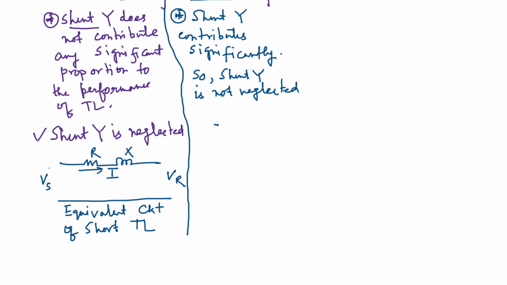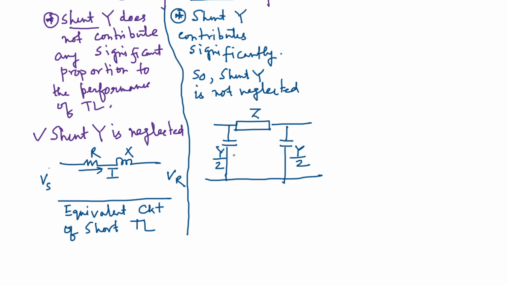That means a series impedance and a shunt admittance, like this. This is called the lumped parameter model. So this is Z and this is the shunt admittance Y by 2, at each end.